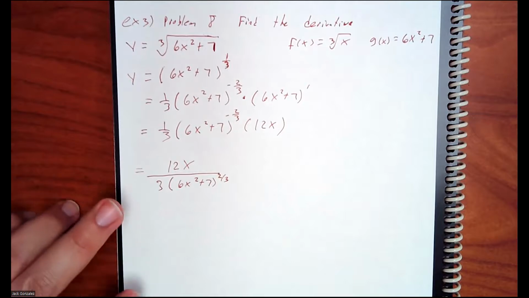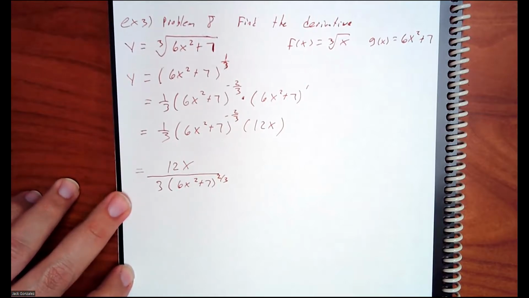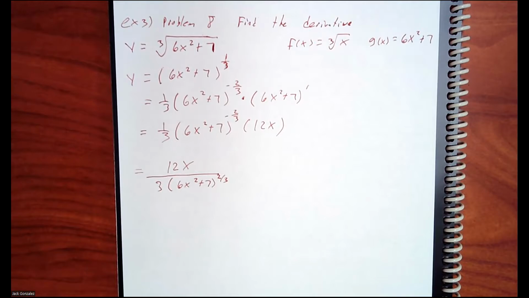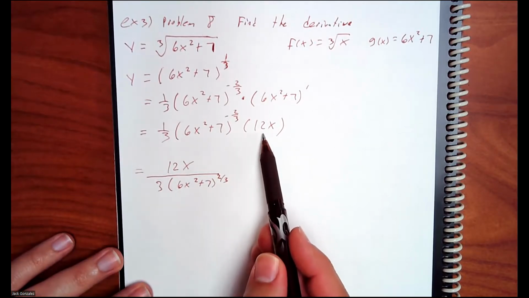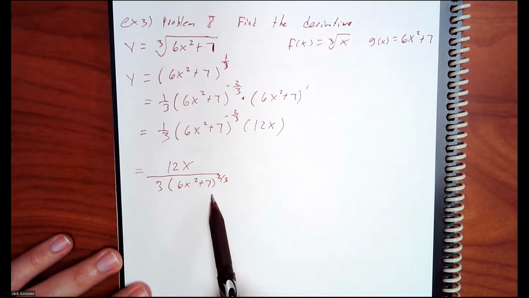You guys have any questions on the algebra step to here? You see what happened? Yeah, so you agree that the 12x is on top, right? Negative means it's going to be moved down.